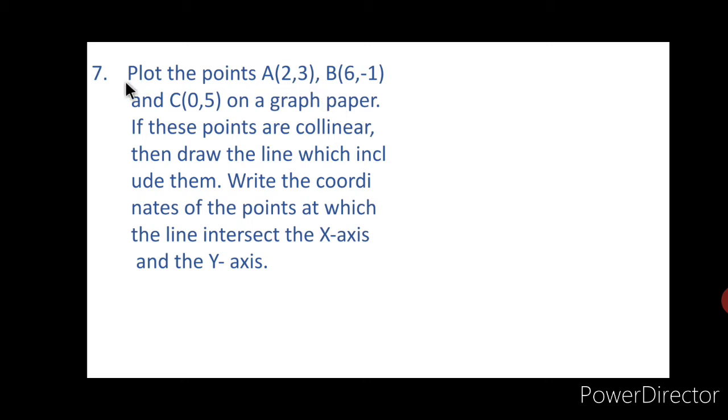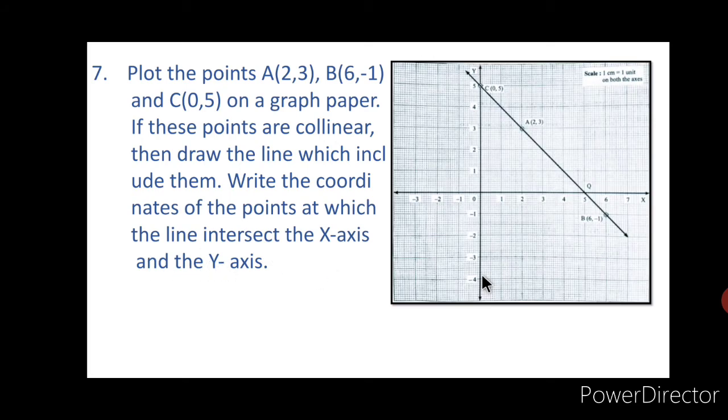Then the seventh question is, plot the points A, B, C on a graph paper. If these points are collinear, then draw the line which includes them. Write the coordinates of the points at which the line intersects the x-axis and the y-axis. Here we can see the 3 points plotted on this graph paper.